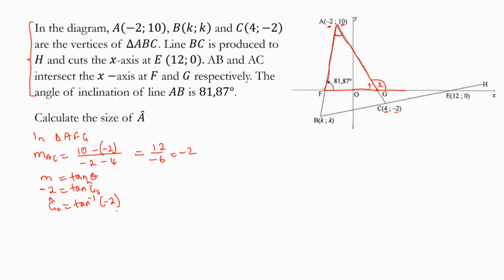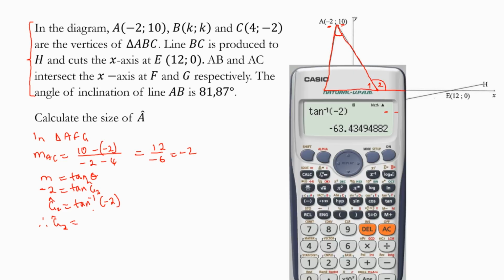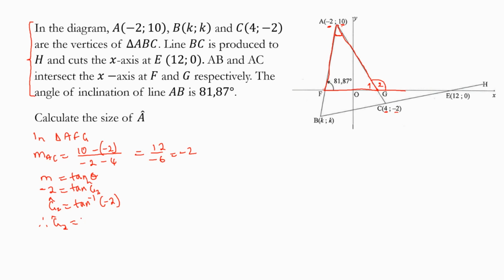So we say, therefore, angle G2 is equal to 180 degrees minus negative 63.43 degrees, meaning that angle G2 is equal to 116.57 degrees.